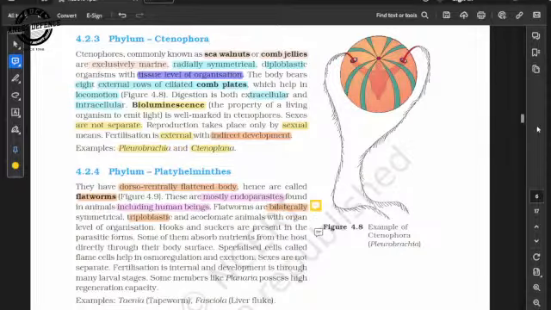Next, they are acoelomate. In the last lecture we discussed different types of organization. Hope you remember: cellular, tissue level, organ and organ system. Platyhelminthes show organ system level of organization.